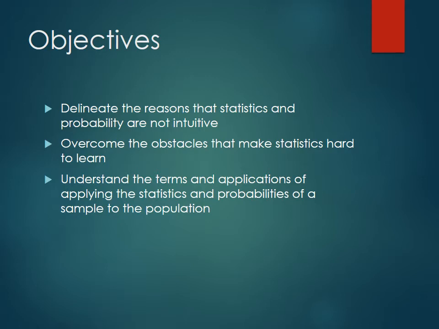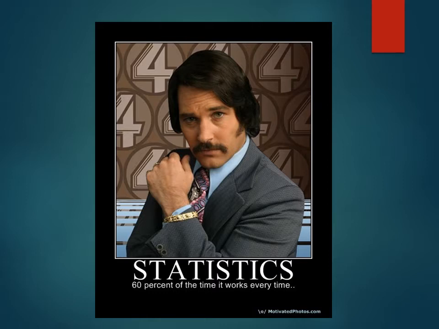We want to show you how to overcome some of the obstacles that make statistics so hard to learn, which definitely involves lots of abstract concepts, and then look at the applications and the terms we're going to use to discuss statistics and probabilities in regard to a sample population. And as you know, statistics, 60% of the time, works every time.